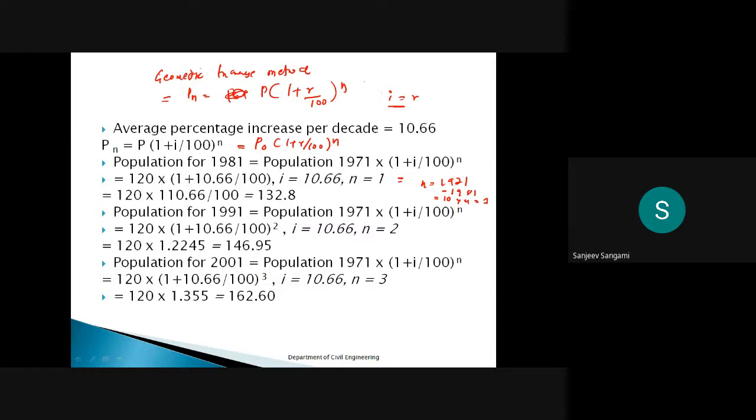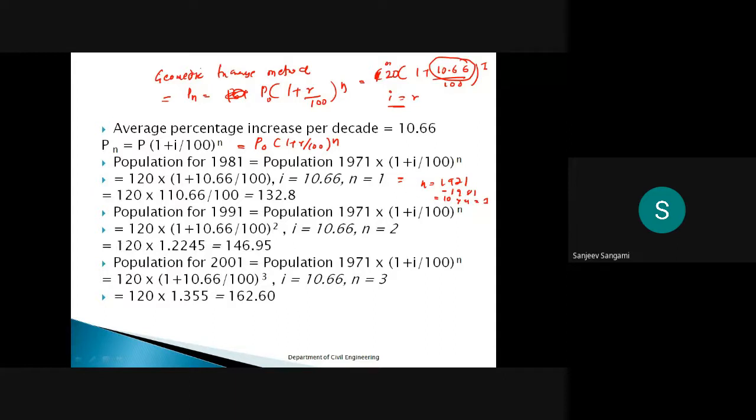Whenever I'm calculating, be careful. Here it will be P or P naught, that is 120 into 1 plus 10.66 divided by 100 into n, where n is 1. Most of the students make a mistake here.